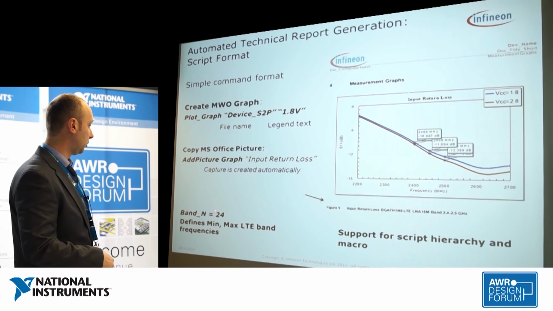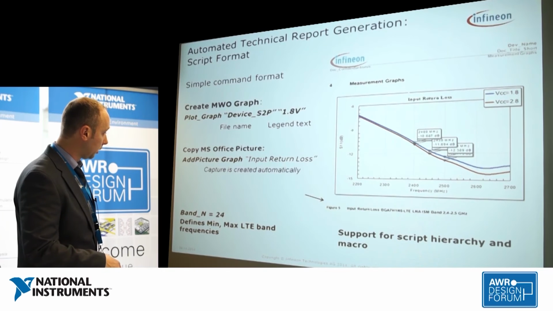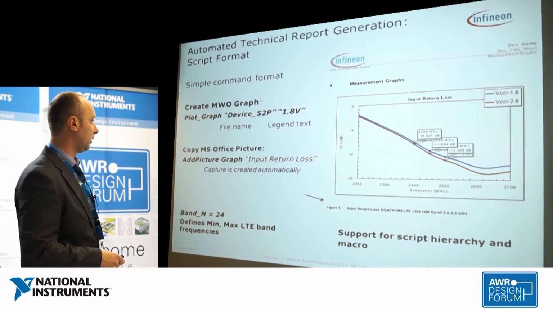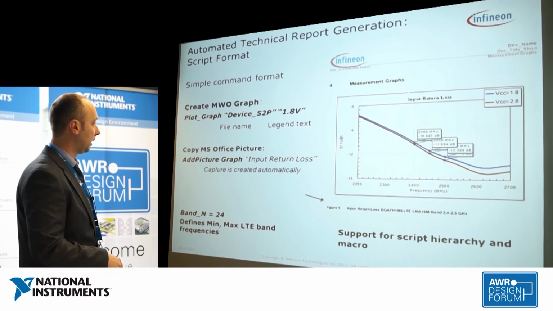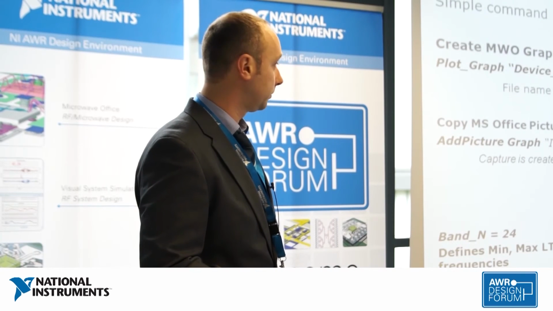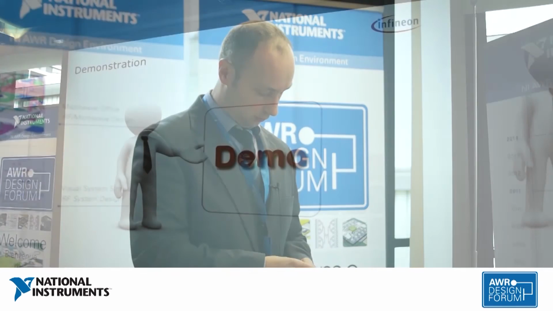This means that if you need a different frequency band, you just need to put in the number of the band and it will be generated automatically. Also the caption is generated from the name of the device, and you do not need to write the name of the graph inside Microsoft Word every time.